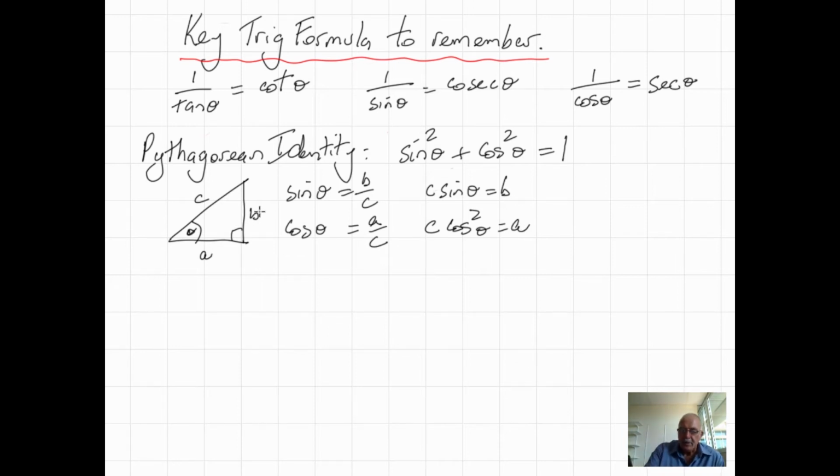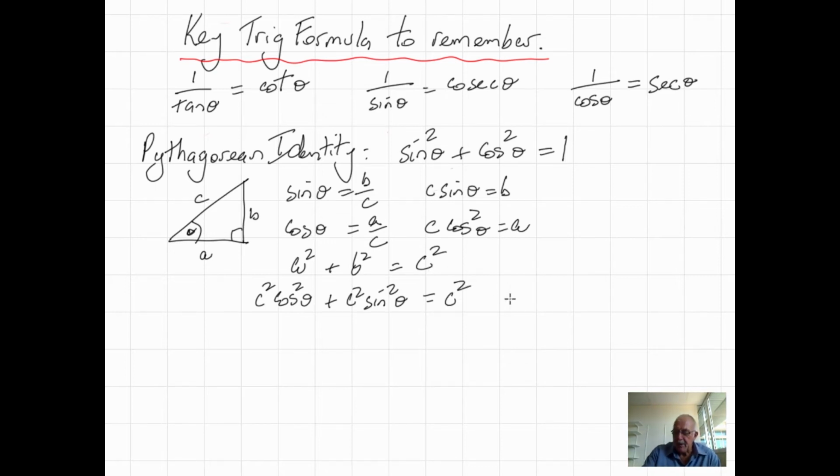And by Pythagoras, we know that A squared plus B squared equals C squared, just Pythagoras' theorem. Now instead of A, we can put C cos theta, so it'll be C squared cos squared theta, because it's A squared, plus now B squared, B is C sine theta, so it'll be C squared sine squared theta, is equal to C squared.